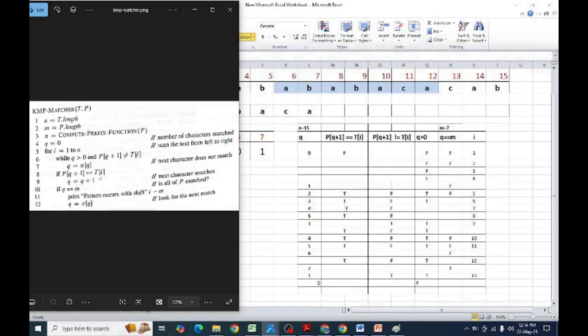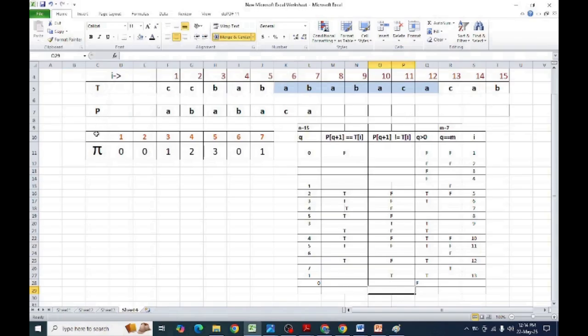P of q plus 1 is equal to T of I? P of q plus 1, that is P of 1, is it equal to T of 13? No, so q will not be incremented. At the same time, q is equal to m is false. We will be taking the next character.